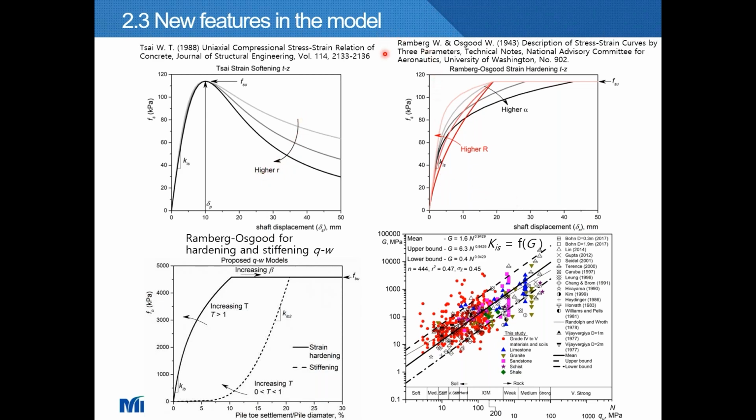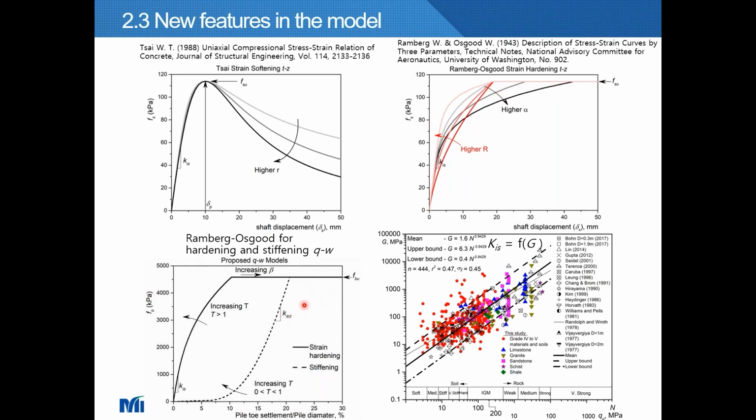The Ramberg-Osgood equation, which was used to model the stress-strain behavior of alloys, was adapted to model the hardening TZ curve. The input parameters are ultimate shaft resistance, the KIS, constant alpha and constant R. Constant R controls the stiffness before the peak, and the shaft displacement can be modeled by adjusting the constant alpha.